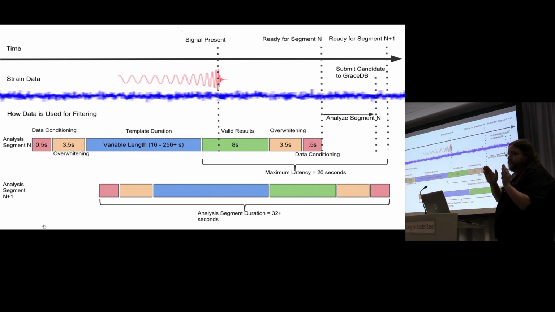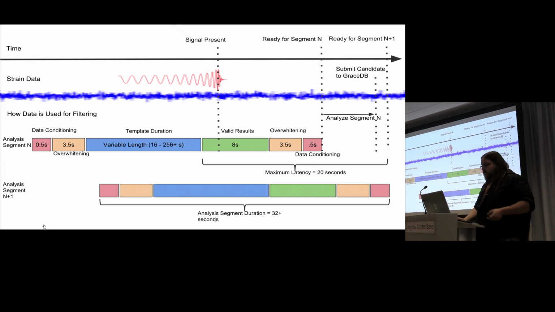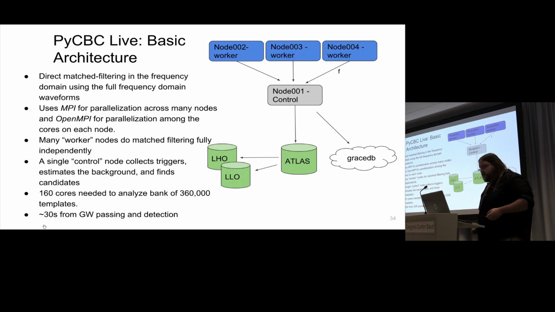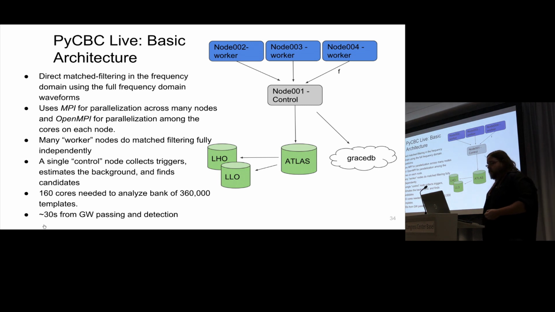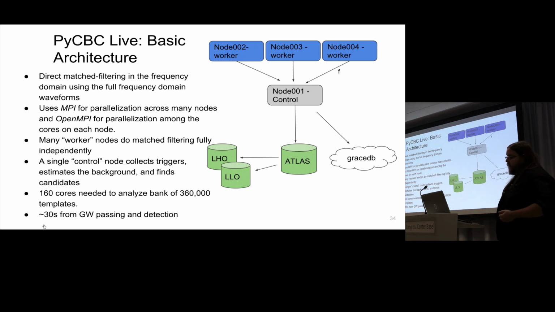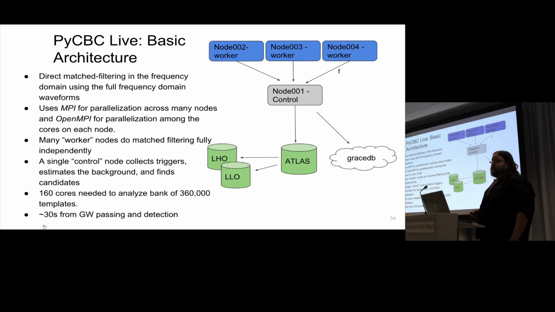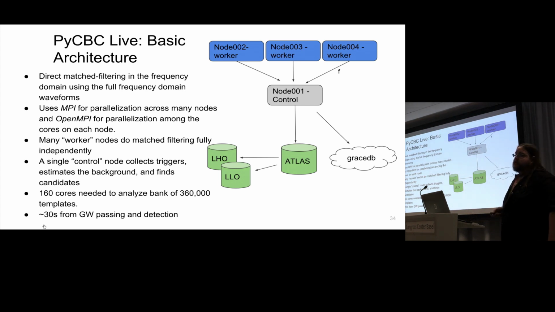So it's very much that you look at some segment at a time, and then you look at the next one; it proceeds very naturally. Now, you could ask, how do we guarantee that it happens fast enough? Well, the way you do that is we farm it out to many computers. We have a dedicated set of computers just for this task. We use MPI to parallelize this task over multiple nodes, and within each node, we use OpenMP to parallelize amongst the processors of those nodes.